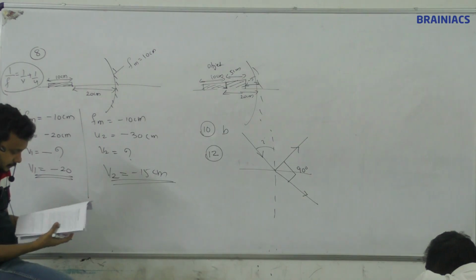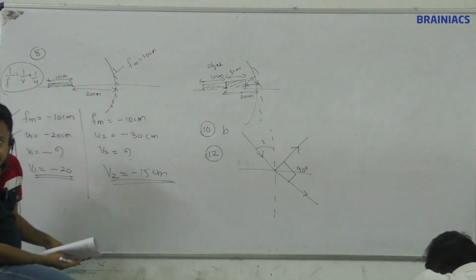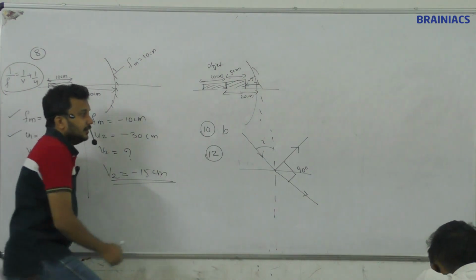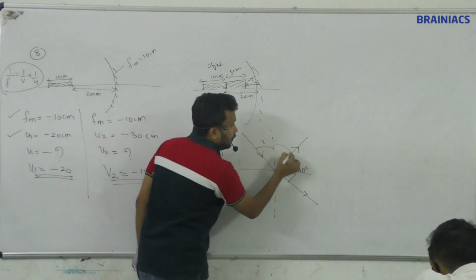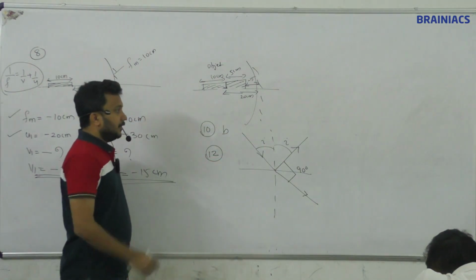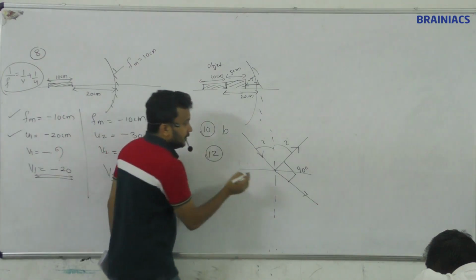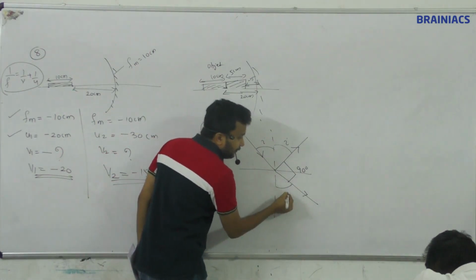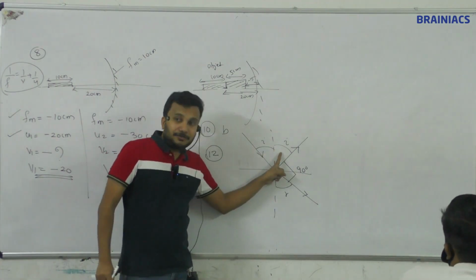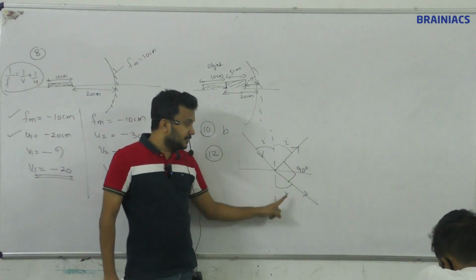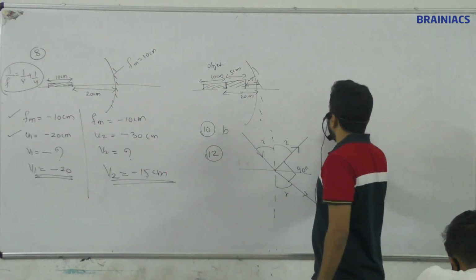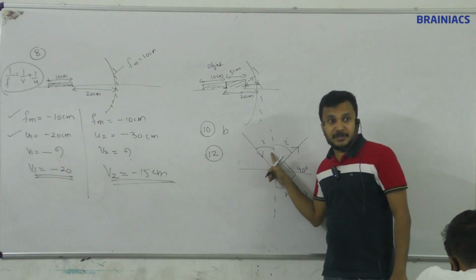Angle of incidence equal to angle of reflection. This is called the angle of refraction. Angle of incidence is equal to angle of reflection, this is called the law of reflection, right?